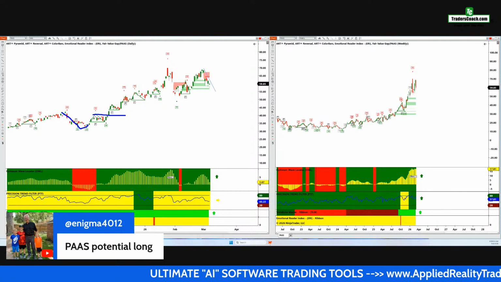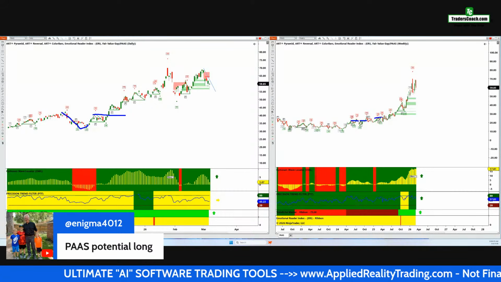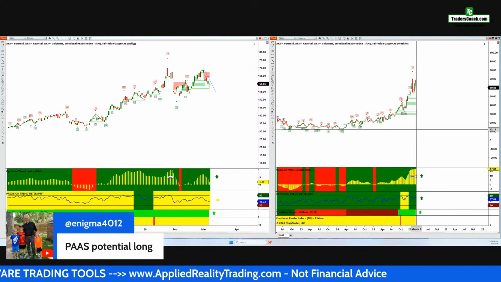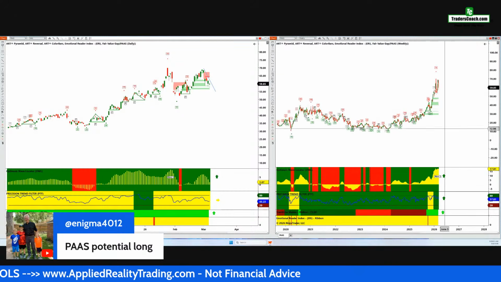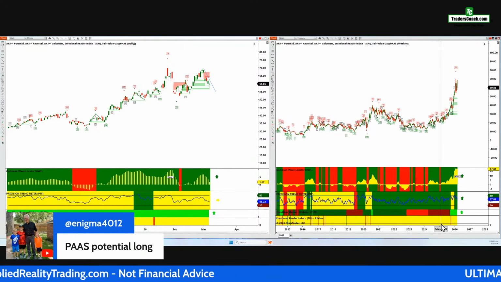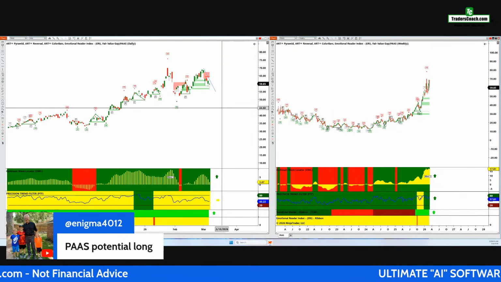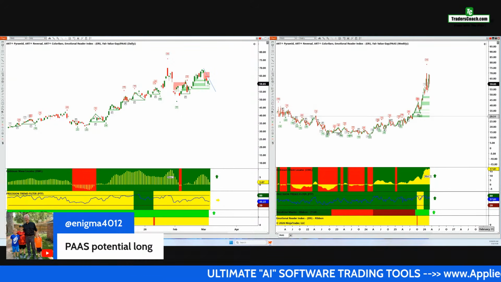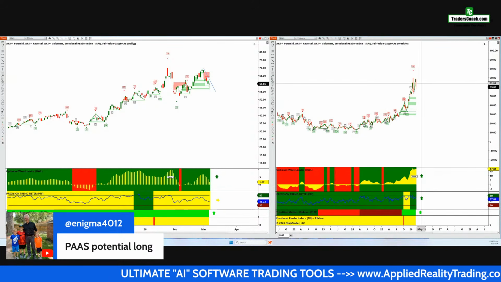And you can see that on the weekly chart. So at this point, we're looking to exit the trade based on early entries versus trying to get in in a premium area.